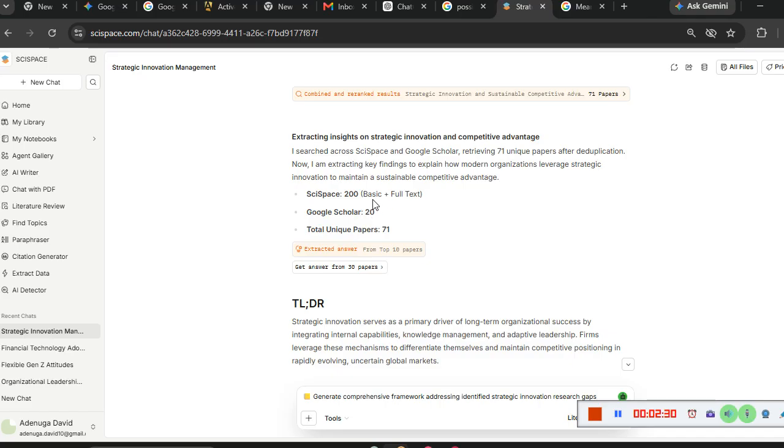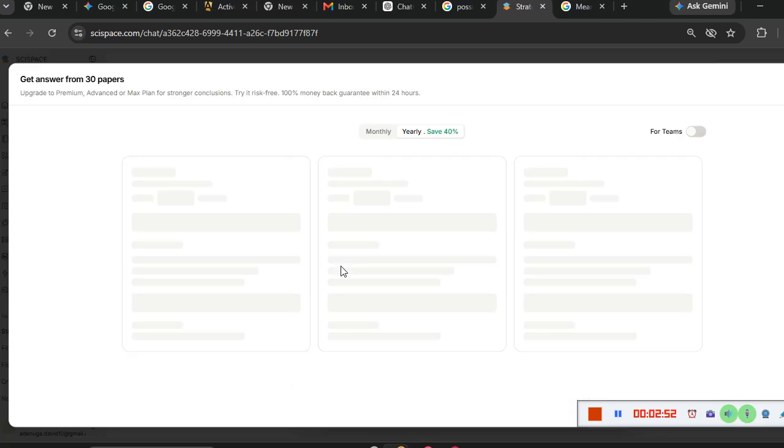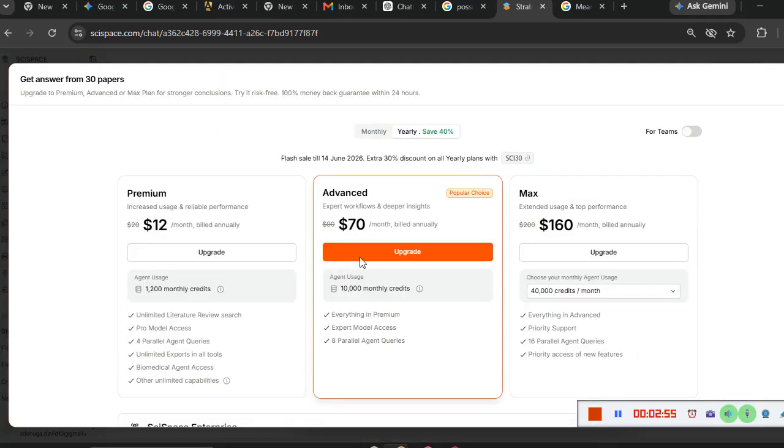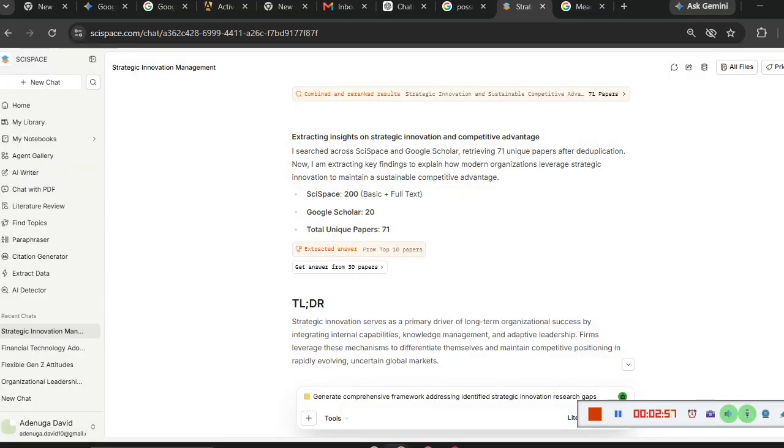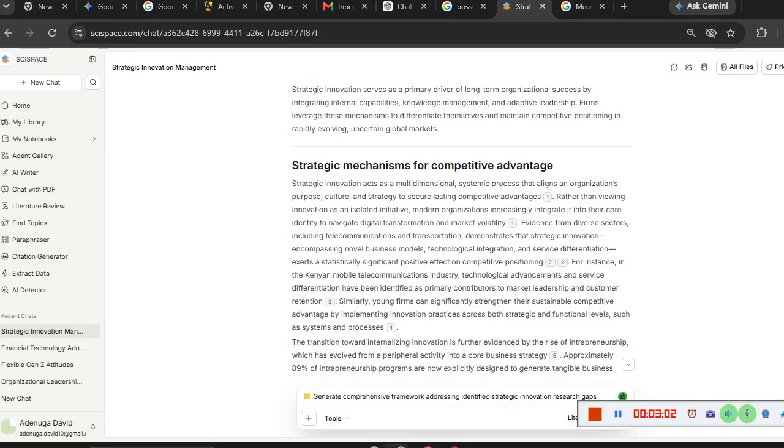So you can see that even though you are not using Google Scholar, it also fetched from Google Scholar. C-Space itself has like 200 papers, then total unique papers is 71. Let's say it picks 50 from here, and it extracts answers from the top 10 papers. If I click on get answer from 30, it's going to say I should pay. Let's assume that we want to operate on free mode.